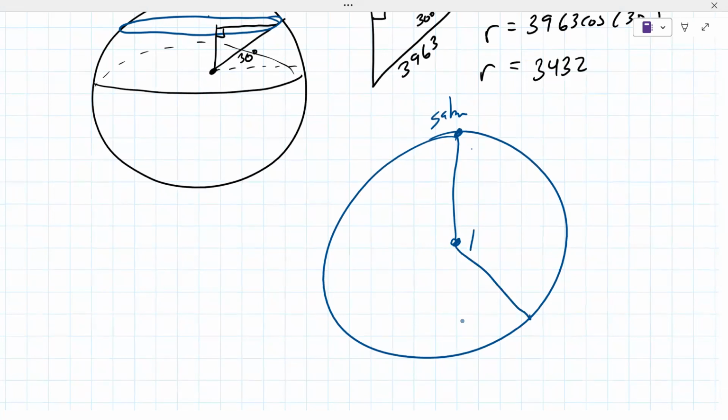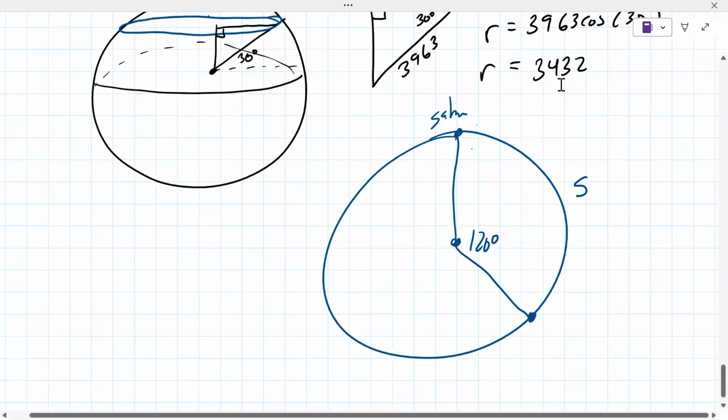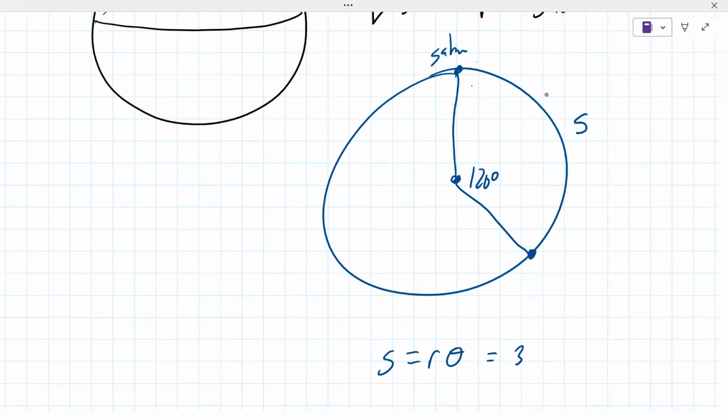So let's say we need to find S, just like we've been doing. S equals R theta. The angle is 120, and you have to convert that to radians. The radius is what we just found, 3,432. 120 times pi divided by 180.